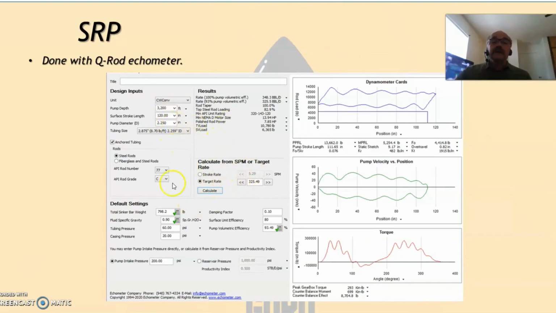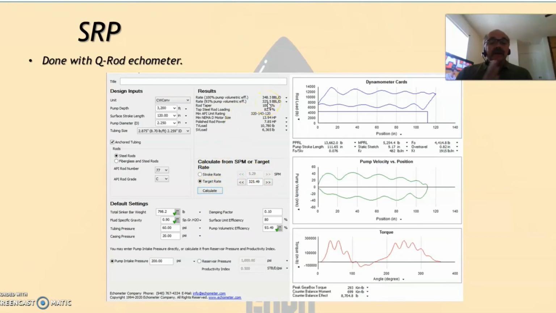So if the well conditions state that I should use sucker rod, we unload, we put the PI, or the bottomhole flowing pressure that I assume I'm going to have. We estimate the diameter of the tubing. We set the strokes per minute around 6 or 5, and then we calculate and we see the rate.